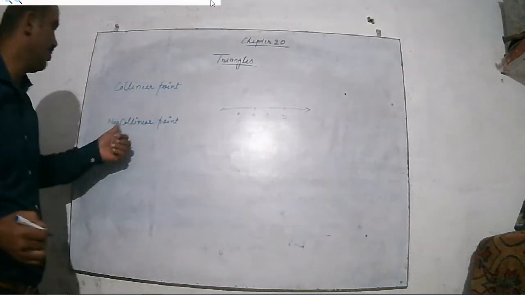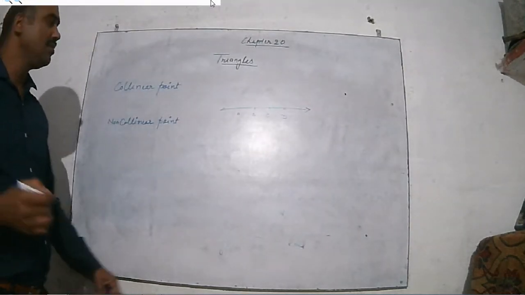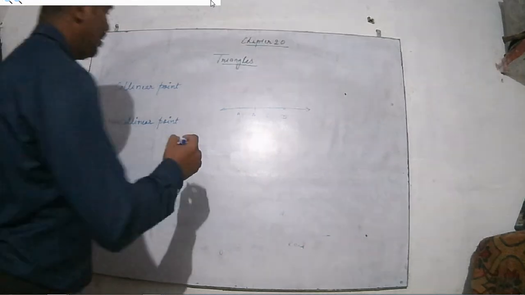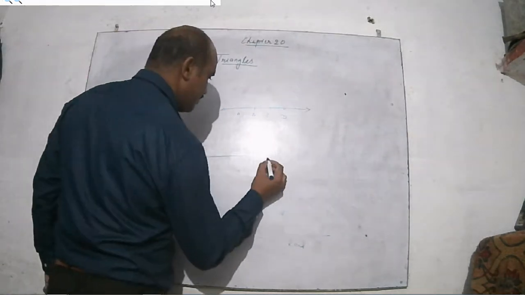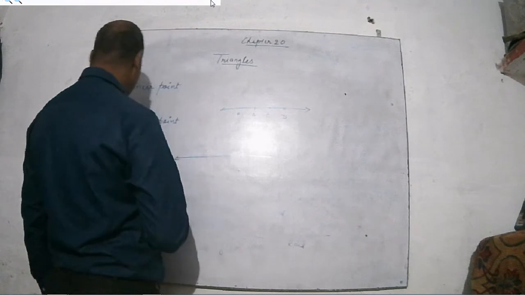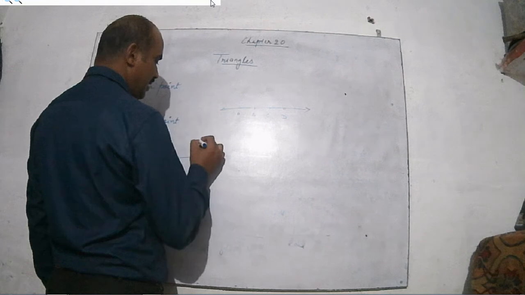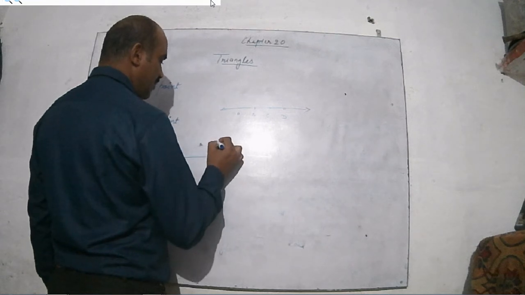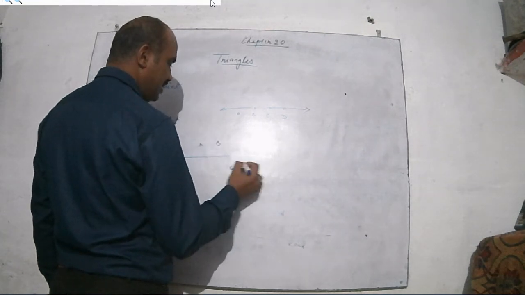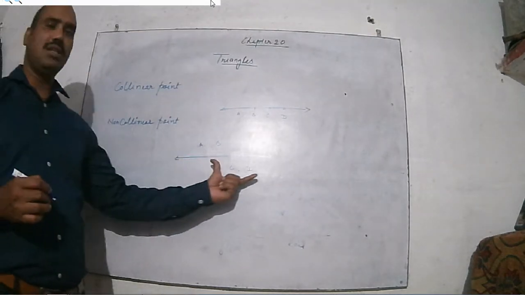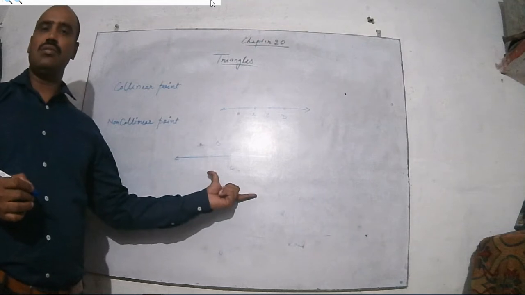Now we come to non-collinear points. These are the points which do not lie on the same straight line. Suppose this is our line and here there is a point named A, here a point B, here a point C, here a point D. Those points which are not in a straight line are called non-collinear points.